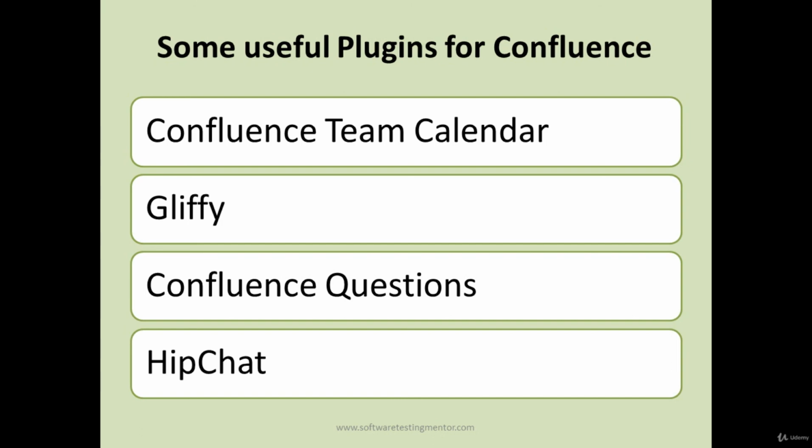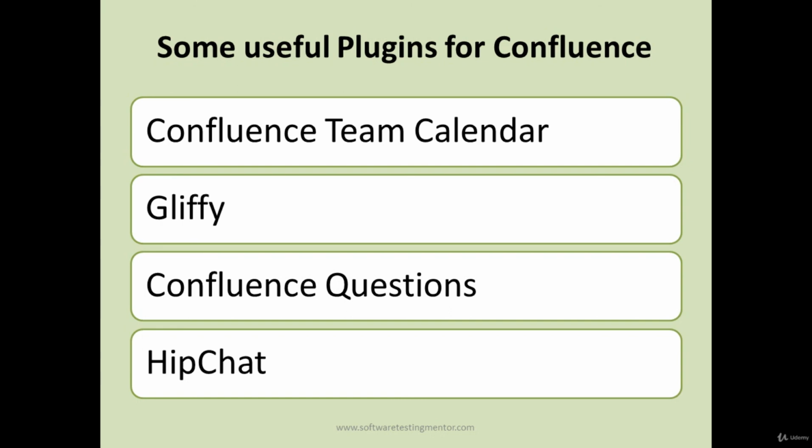These are some of the useful plugins which are very commonly used in different organizations that use Confluence as their wiki. So this covers some of the basics about Confluence, what Confluence is, and some of the useful plugins.